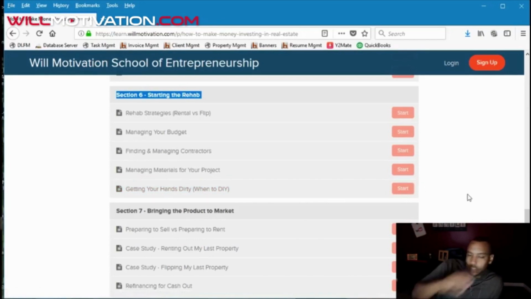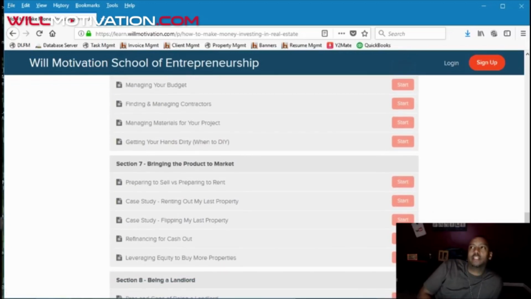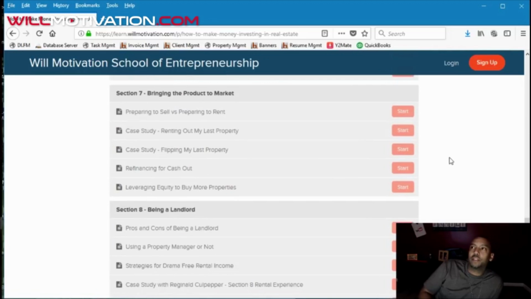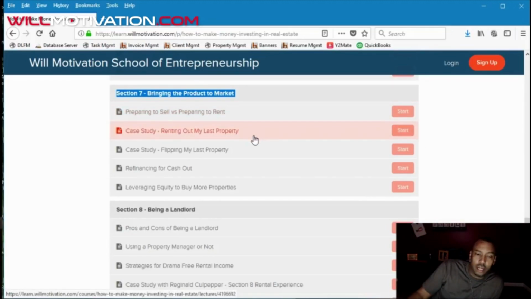And then, let's say you study this, you do your rehab, and you're ready to sell the property or rent it out, or maybe you even want to pull some equity out of it now that it's rehabbed because it's going to have a higher value. So we'll talk about preparing to sell the house versus preparing to rent it. We'll talk about a couple of case studies. So renting out my last property, we'll talk about that.